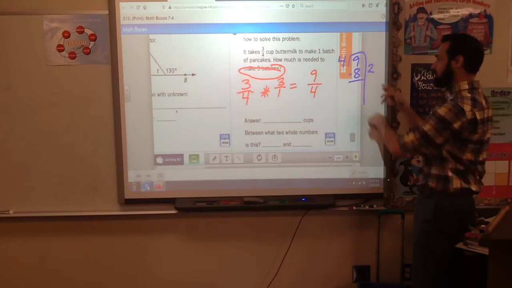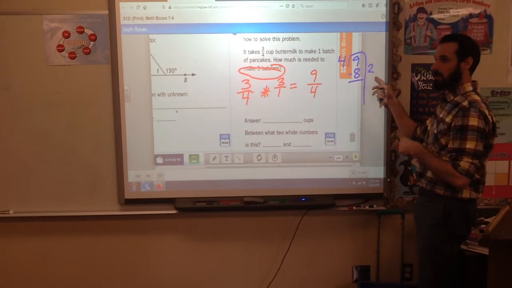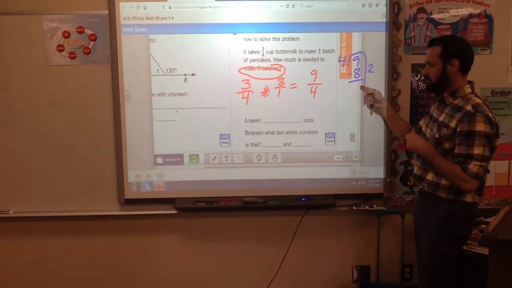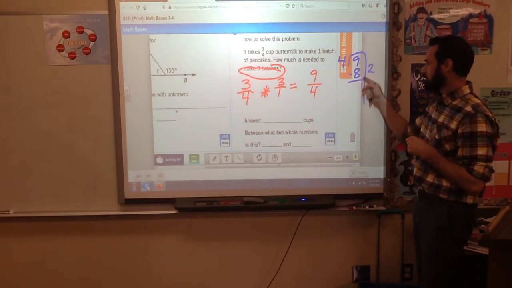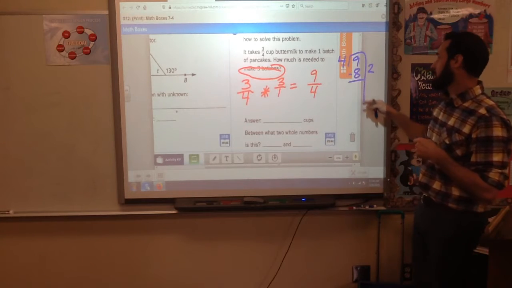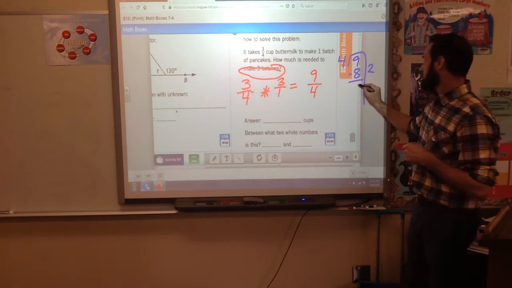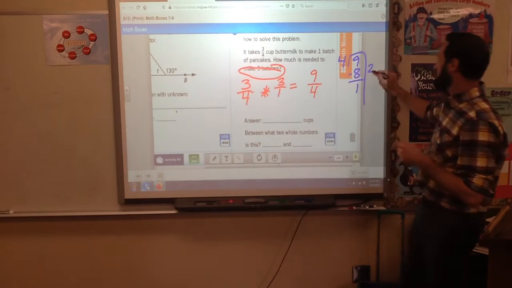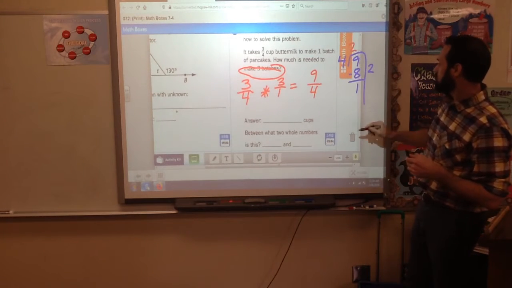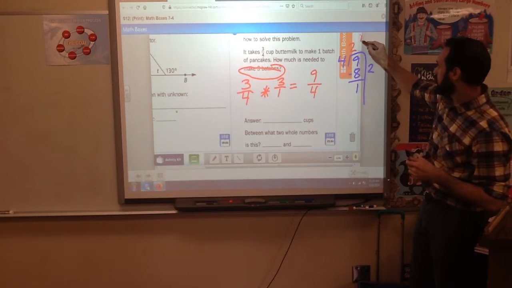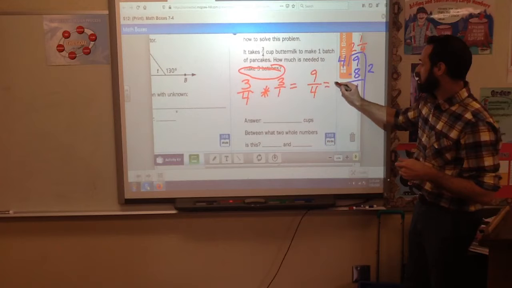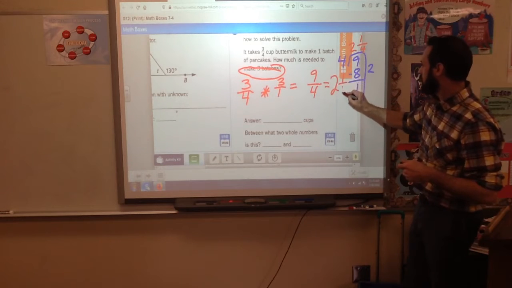Multiply your divisor by your quotient, and that will get you your number to subtract here. 9 minus 8 is 1. In this kind of setup, your whole number is 2, your numerator is 1, and your denominator is 4. So 9/4 is equal to 2 and 1/4.